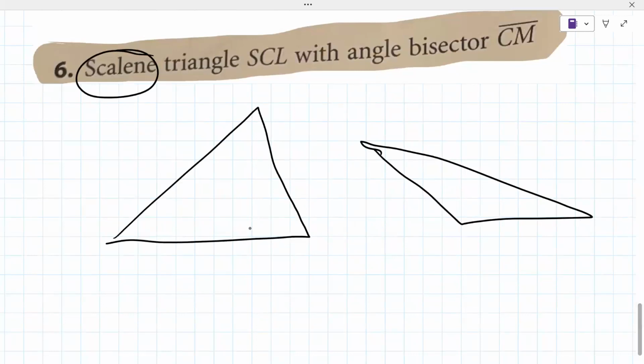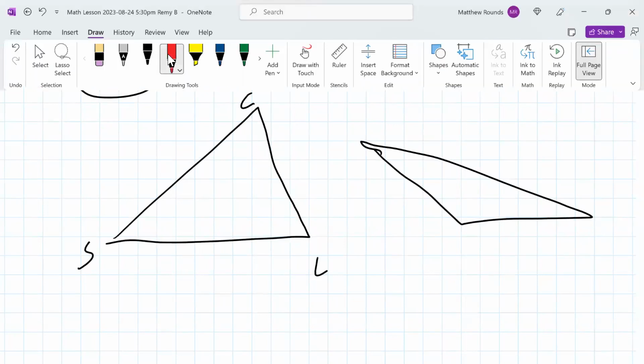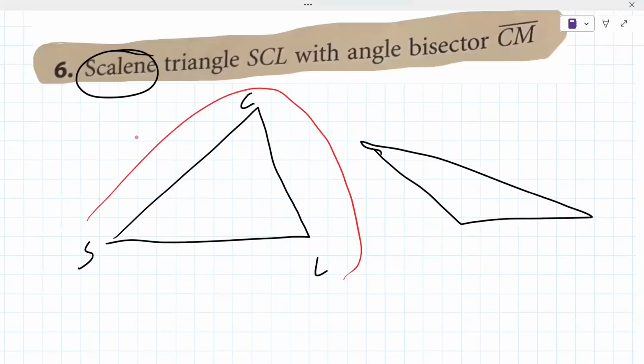So SCL, that is important. There's kind of this mapping of the direction. It's like, okay, S to C to L and back around. So make sure your letters are in the right order. It doesn't really matter for this, but it will in future problems when there are more letters.